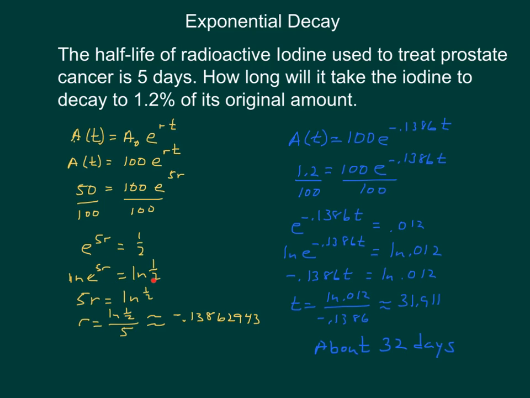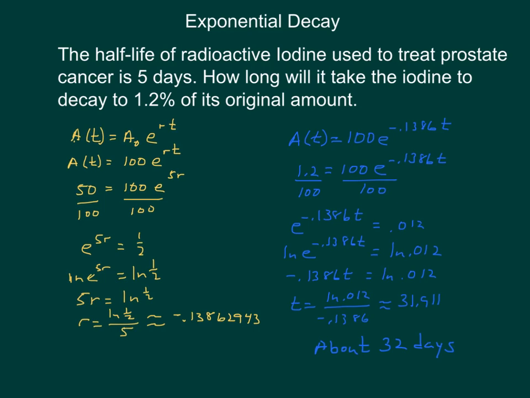Taking the natural log of both sides, I get 5r equals the natural log of 1/2. So r is equal to the natural log of 1/2 divided by 5, which is about equal to negative 0.1386293, or approximately, I'm going to use negative 0.1386.